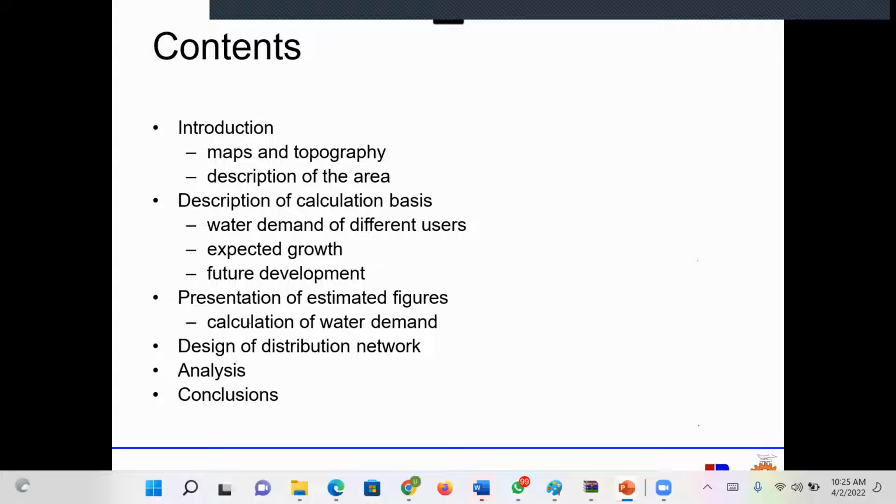There must be some form of topo of the area. And why we say topo, it simply means the height, the elevation, because 90% of water reticulation systems are done based on gravity systems. Gravity system means you have a water source, you have an elevated tank or a storage source, and then you have a distribution network.